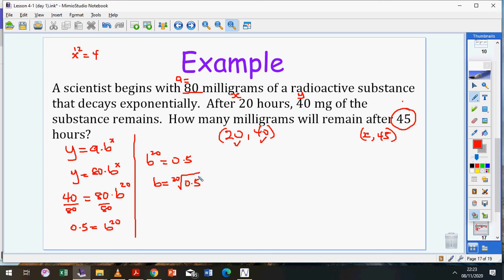The 20th root of 0.5 is, using your calculator, you can look at your calculator and figure out how to do it. You probably have to push second function and the root of a number symbol. So the 20th root of 0.5, my calculator says that it is 0.9659.